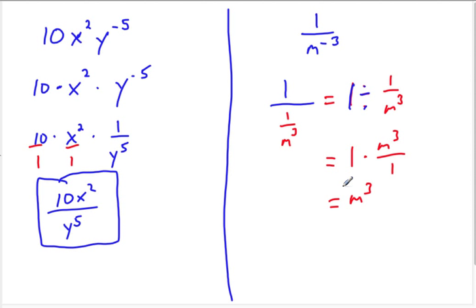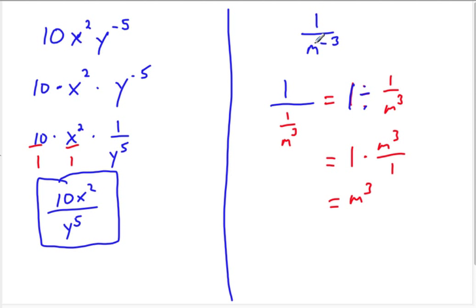So the cool thing here is that once you get this practice and you get this figured out, you realize that anything on the bottom of a fraction that had a negative power goes to the top, right? So this was m to the negative 3 on the bottom, so it becomes m to the third on the top. So wherever, if you have a fraction, wherever the thing is, if it has a positive exponent, it stays there.